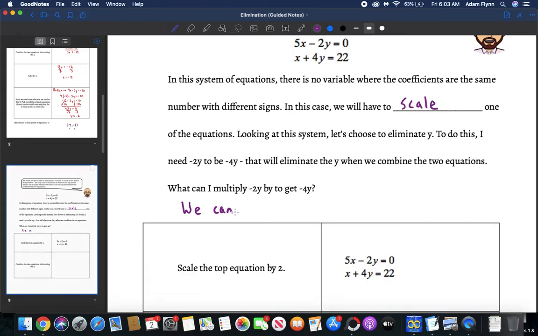We can multiply by 2. Okay, -2y times 2 is going to be -4y.